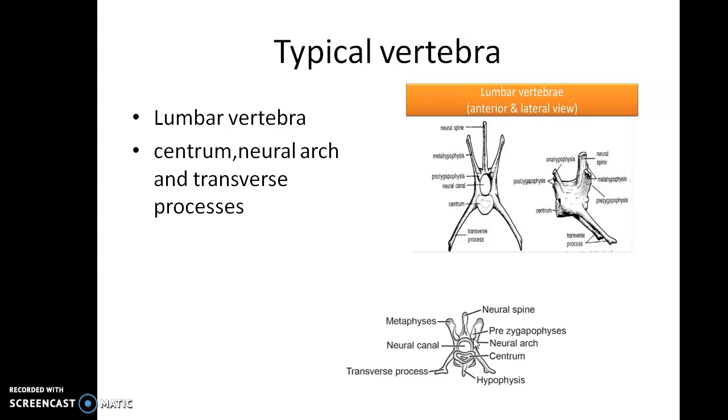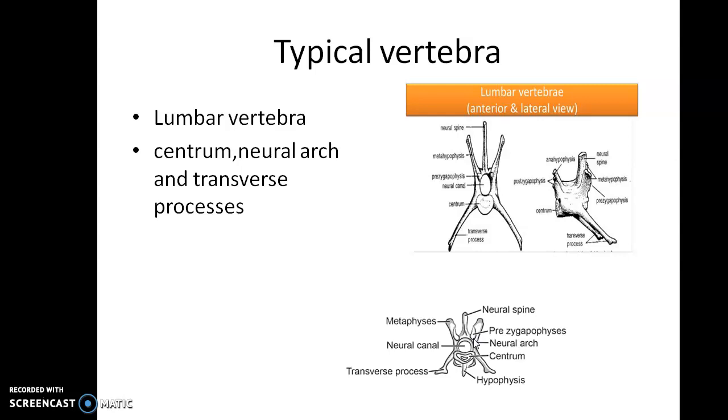The front ones are called intervertebral notches. When adjacent vertebrae closely articulate or join with each other, these notches come closer and form an intervertebral foramina. Foramina means opening, and through it the spinal nerves can pass.